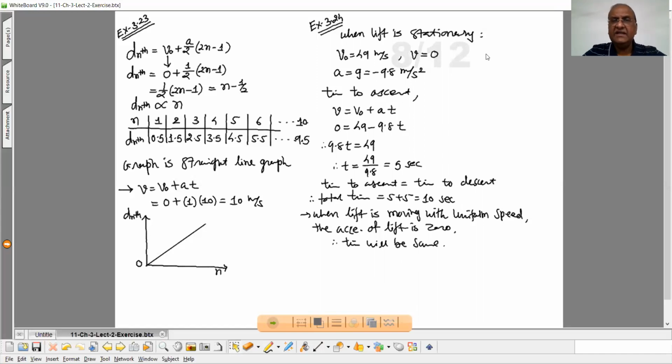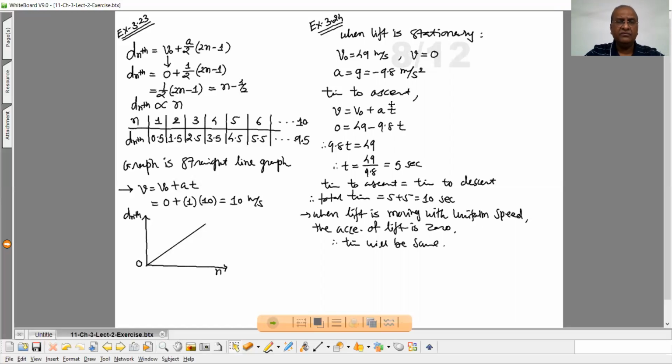The lift is stationary, and the boy throws a ball with initial velocity 49 meter per second. When it reaches the maximum height, its final velocity will be 0. Clear? Now, acceleration is the gravitational acceleration. So now we have to calculate the time to ascend.